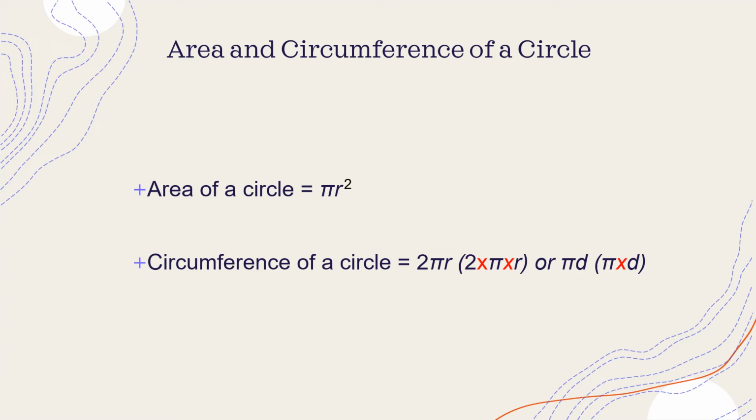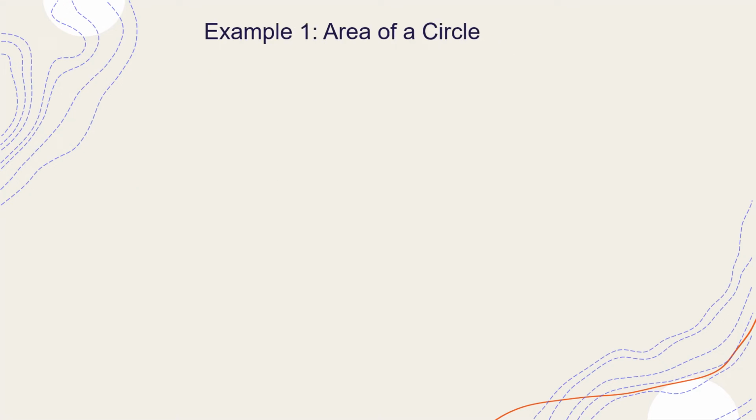You can write either one of them, both will be right. Here r is the radius, d is the diameter, and pi is a very special number with a specific value of 3.14159265 and so on, which is usually written as 3.14 to two decimal places.